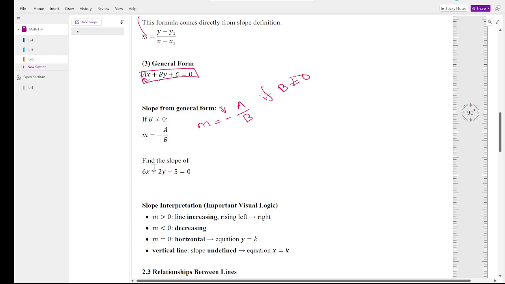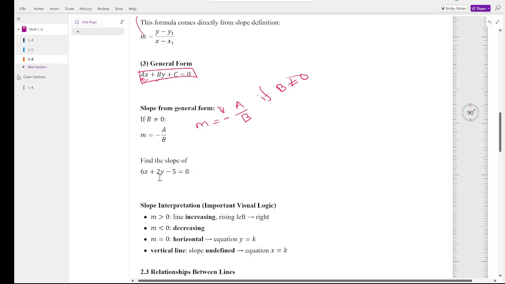Now find the slope from this equation. You relate what a is. Here we compare with the general form. Here a equals 6, then b equals 2.